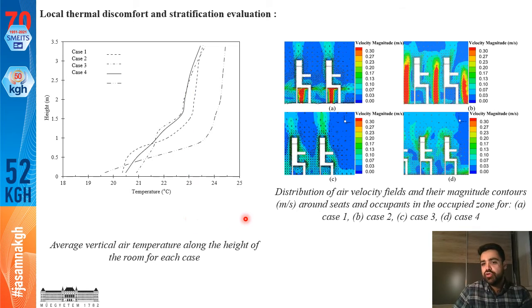So the distributions of air velocity fields and their magnitude contours around seats and occupants in the occupied zones are shown here with velocity magnitude. So you could see the different situations considering the locations of the diffusers.